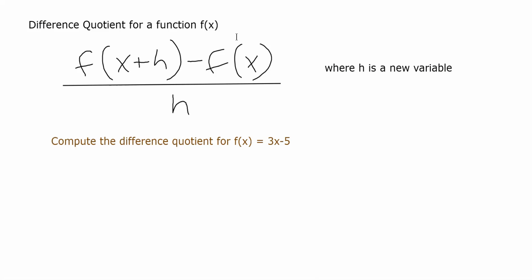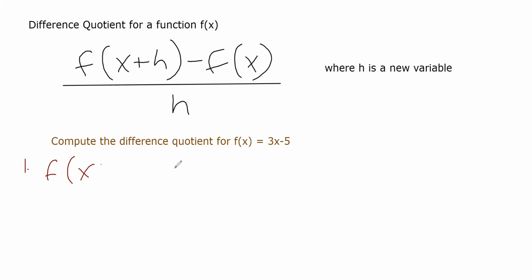And we're going to kind of do it in 3 steps. Step 1, I'm just going to compute what this f of x plus h business is, all by itself. And believe it or not, that's actually usually the hardest step. That usually is. So let's see, f of x plus h.